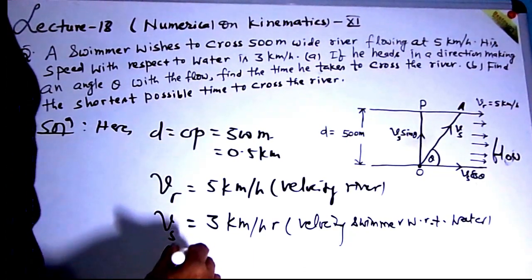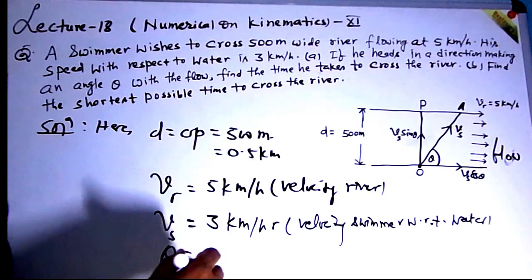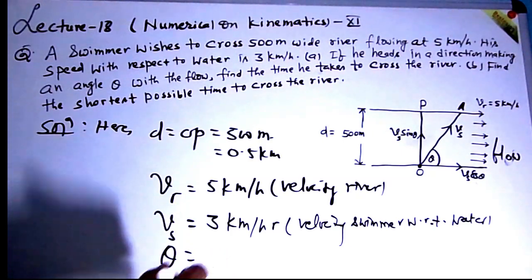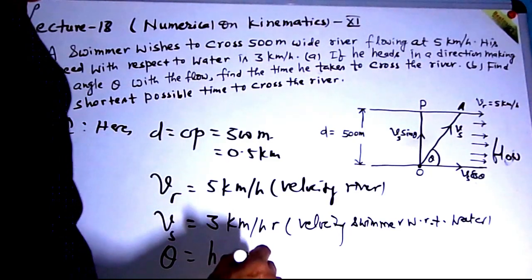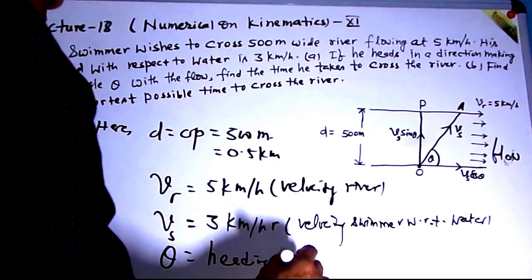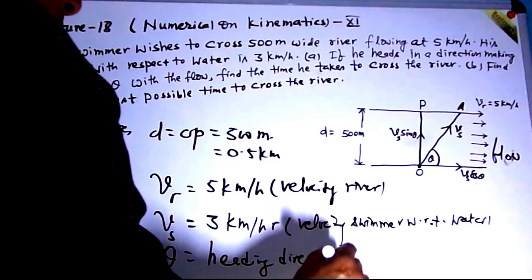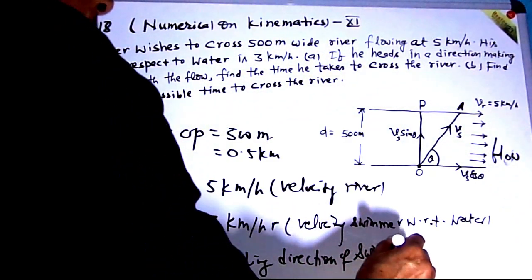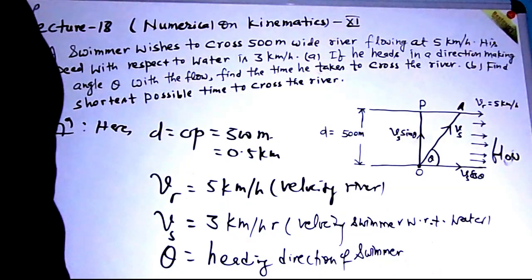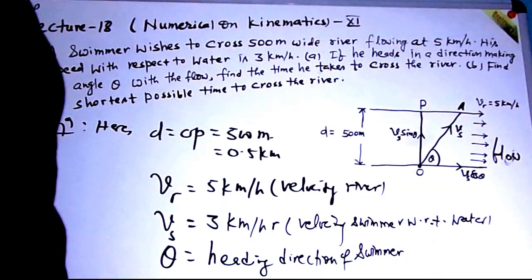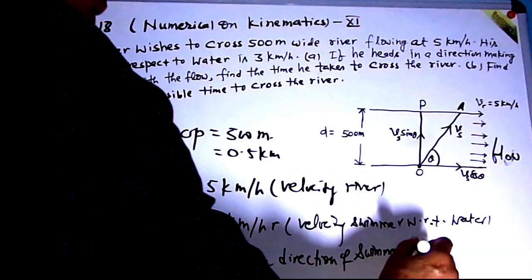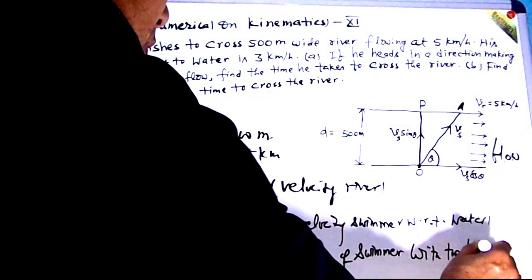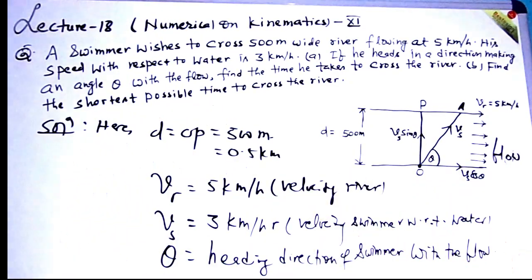So theta means the heading direction of the swimmer with the flow is given.